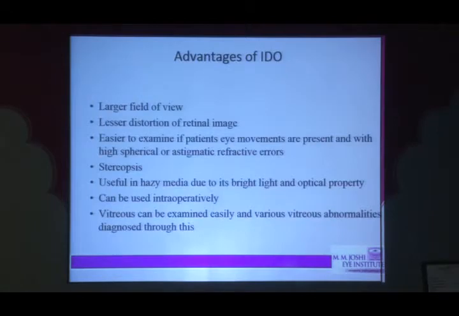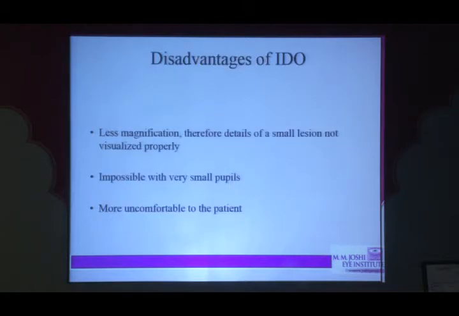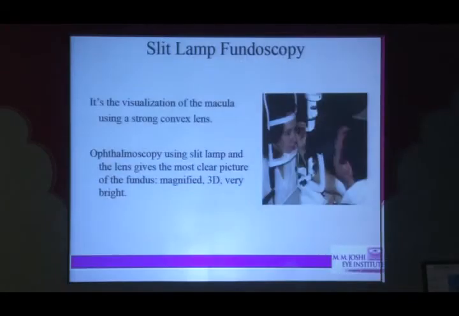The advantages are a larger field of view, it's useful in hazy media, can be used intraoperatively, and vitreous can be examined even when there are some vitreous abnormalities. But the disadvantages are less magnification, details of a small lesion not visualized properly, and it's more uncomfortable to the patients because of the bright light.